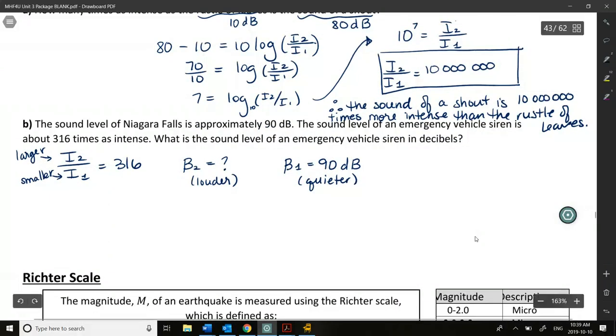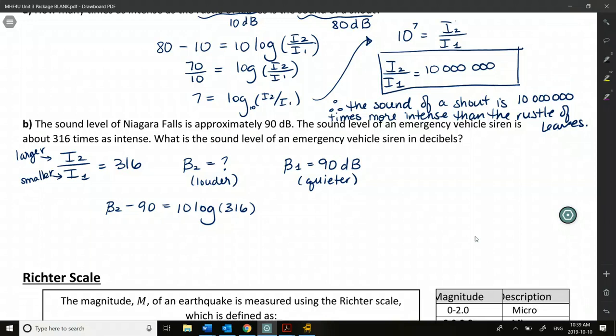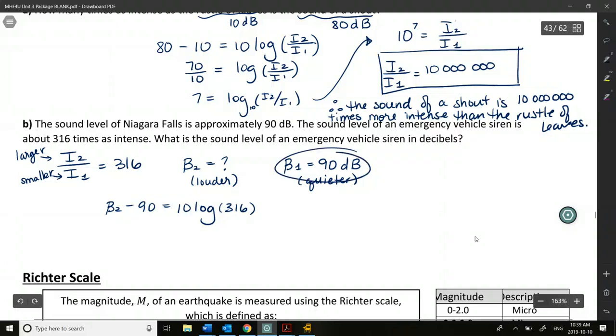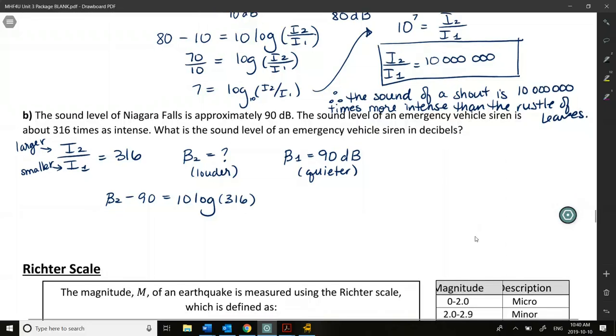Okay, let's plug this into our formula. We have beta 2 minus beta 1 equals 10 log of I2 over I1, which we know is 316. With these ones, you need to use your common sense. It's easy to calculate after we've put it in, but you need to choose the correct beta 1 and beta 2 based on your ratio of intensities.